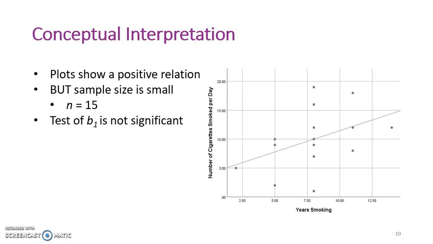And then our results indicated that the test of B1, which related the predictor X, years smoking, to the outcome, number of cigarettes smoked per day, was not significant. So although we see some positive relation in our initial plot, the results of our analysis indicate to us that these results are either due to sampling error or we could have inadequate power to detect this effect.